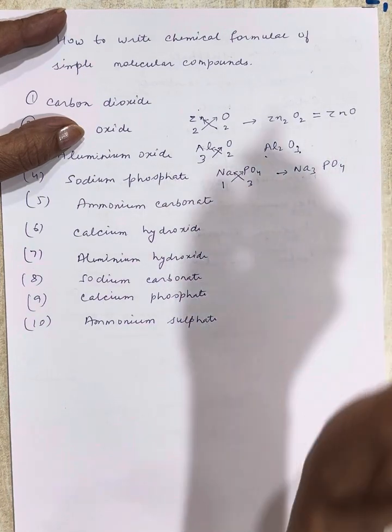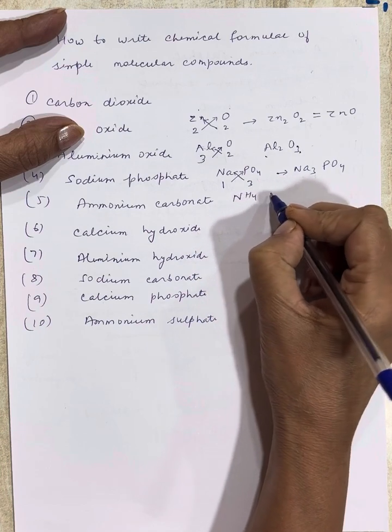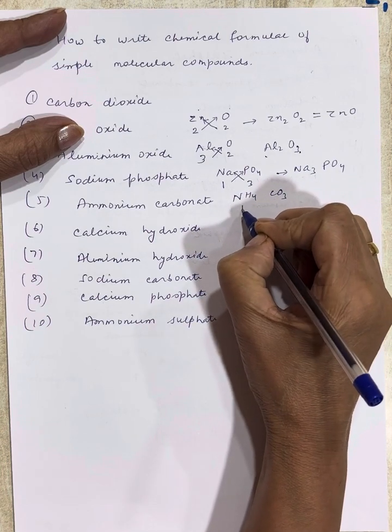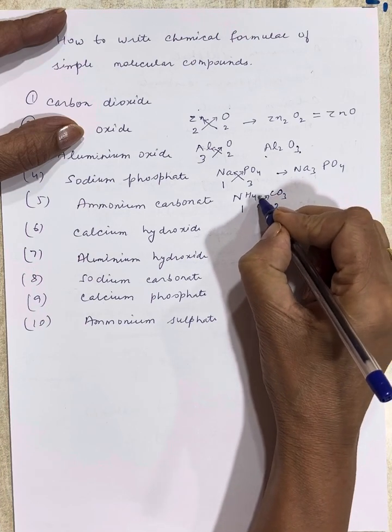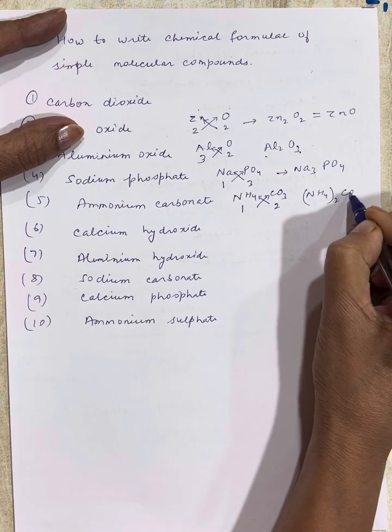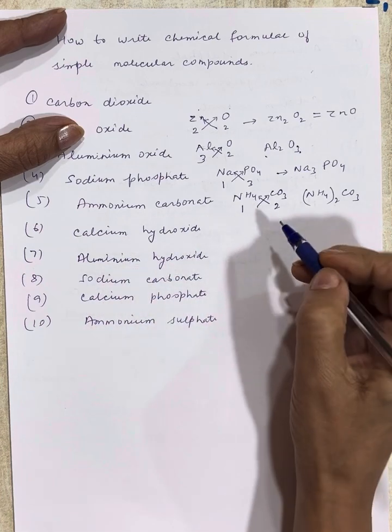This is sodium phosphate. Ammonium carbonate will be: ammonium is NH4 and carbonate is CO3. One is having 1 charge and the other is having 2 charge. So the formula will become (NH4)2CO3. This way you can try writing more.